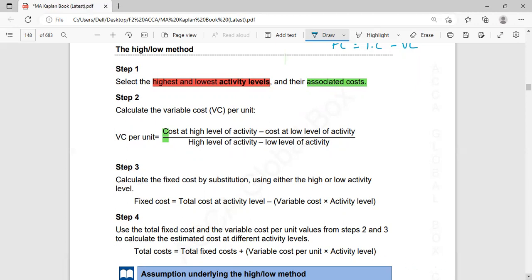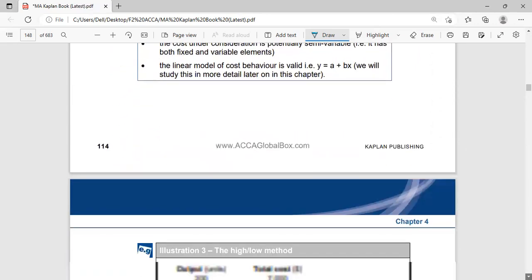So what's the difference between total cost at activity level and the total cost? The cost that we will be taking at the relevant activity level is the total cost at activity level. I will tell you this by giving you an example. Let's move on to the example and then you can understand things better.